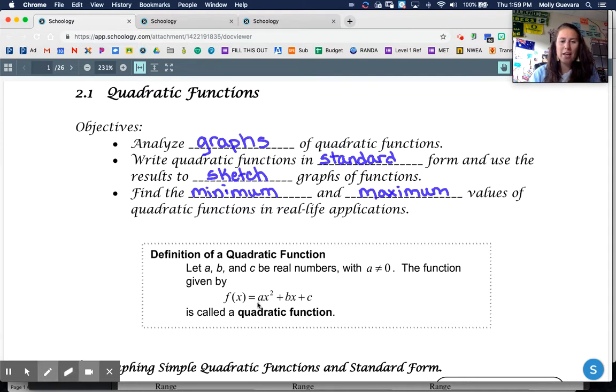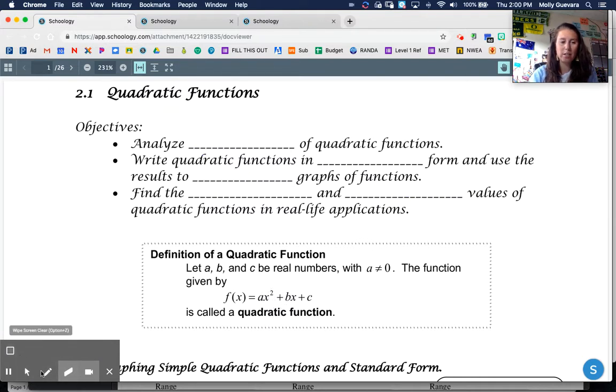And then a, b, and c can all be any real number. The only stipulation is that a cannot be 0, because if a is 0, 0 times x squared gets rid of that, and I'm left with a linear function instead of a quadratic. So as long as a is not 0, we're looking at a quadratic function here.